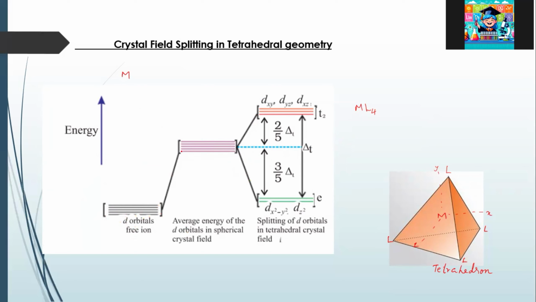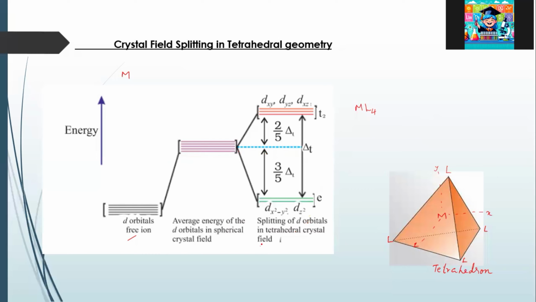And this is given as the average energy of d orbitals in a spherical crystal field. If the ligands come in a fashion that is uniform around the metal atom, its energy is raised. There is no splitting.